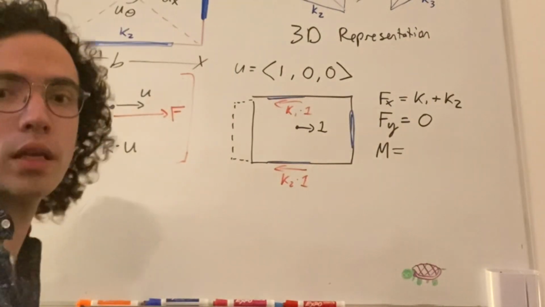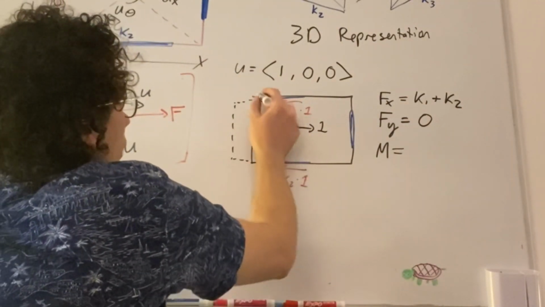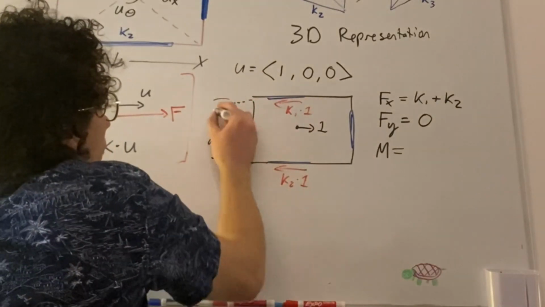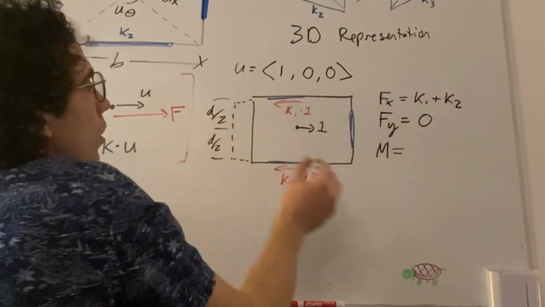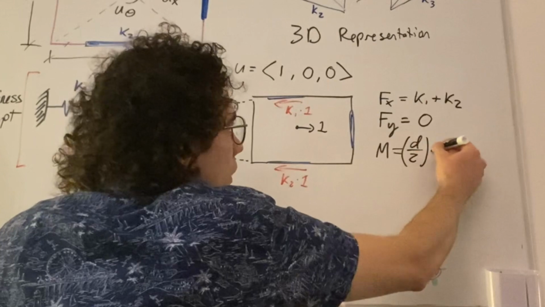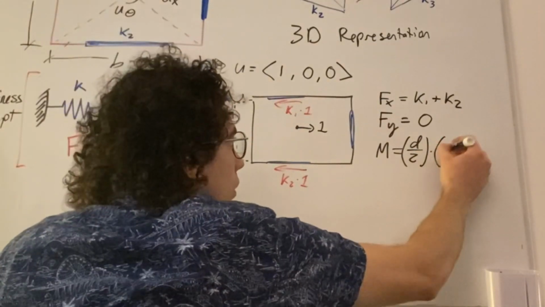But if not, if this right here is d over 2 and this is d over 2, then it's going to be d over 2 times K2 minus K1.